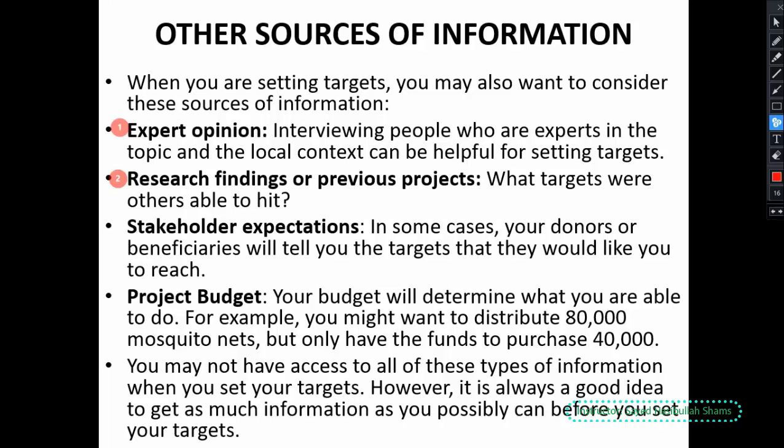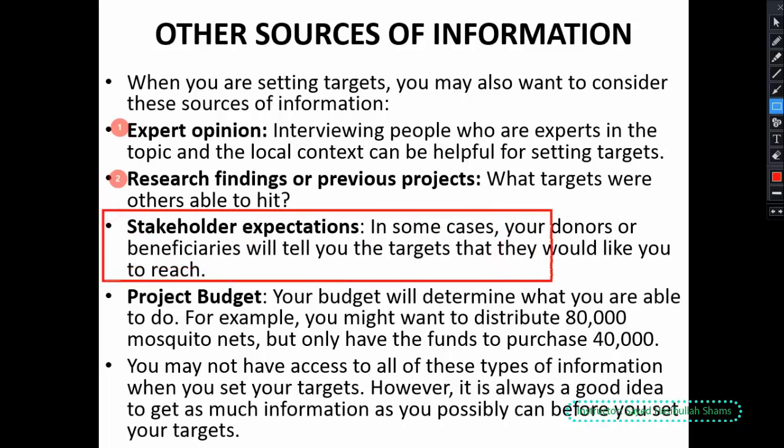Another source is stakeholder expectation, for example in third world countries. For example, there is a project already designed, and there are stakeholder expectations.